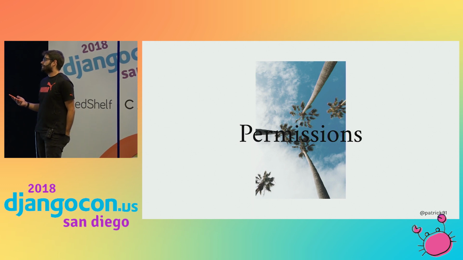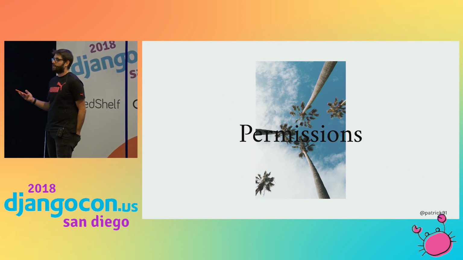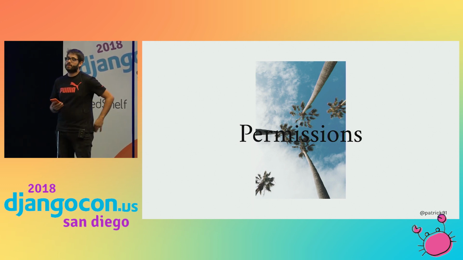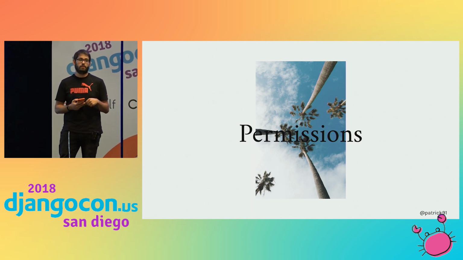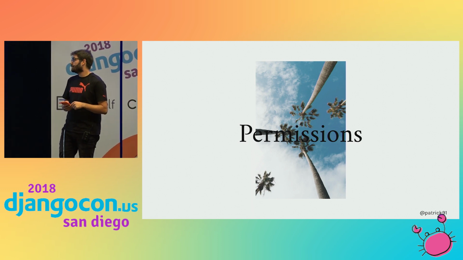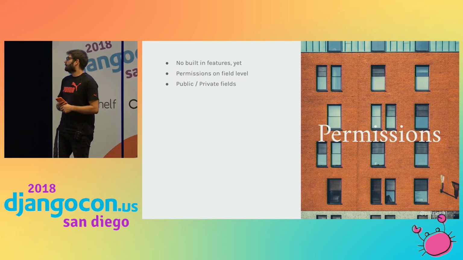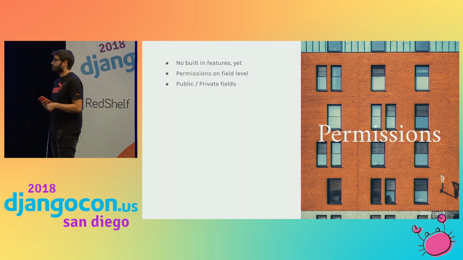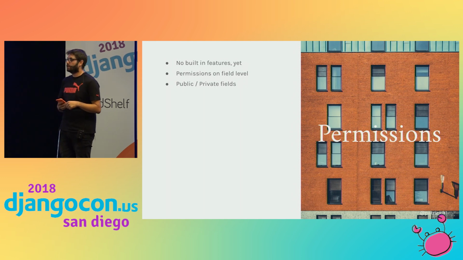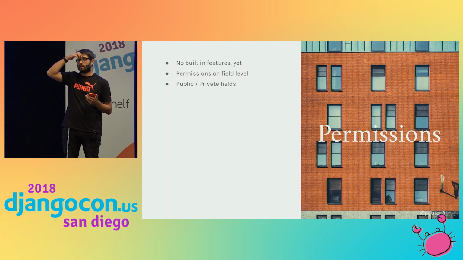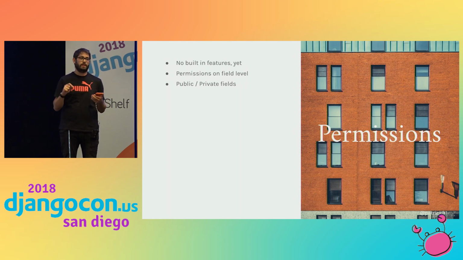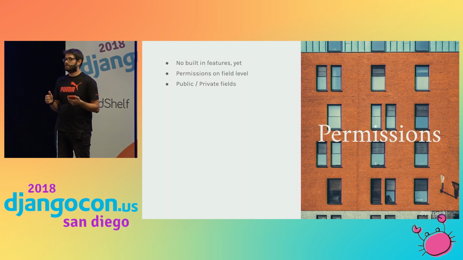Another thing is permission. If you've been used to Django REST framework, it's really easy to add permission to all the resources that you have. Unfortunately, there are no built-in features in Graphene yet. But something nice I really want to work on is having permissions on the field level. For example, you can have an API where you have a user and the email is only shown if the user is the current user or a superuser.